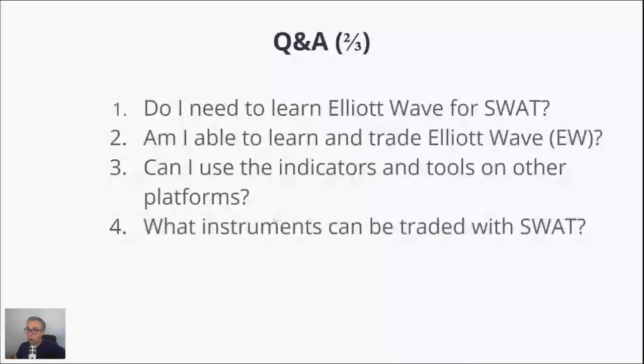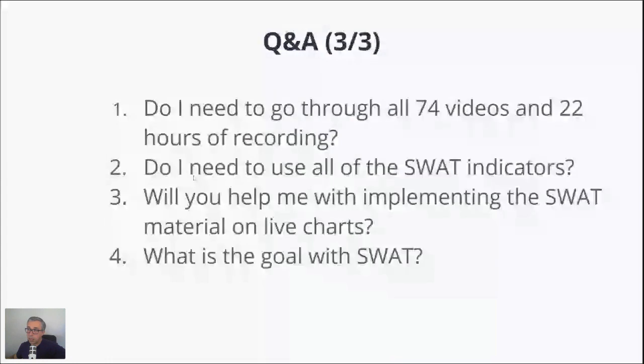You do not need to learn any of the wave, but you are able to if you want. You cannot use these indicators and tools on other platforms, but you can replicate some. And instruments, I use it on Forex and CFDs, but I can imagine it working okay on cryptos, for instance, as well. But I don't know myself.